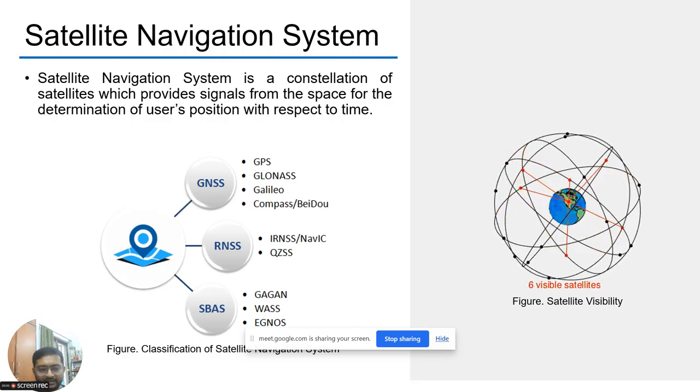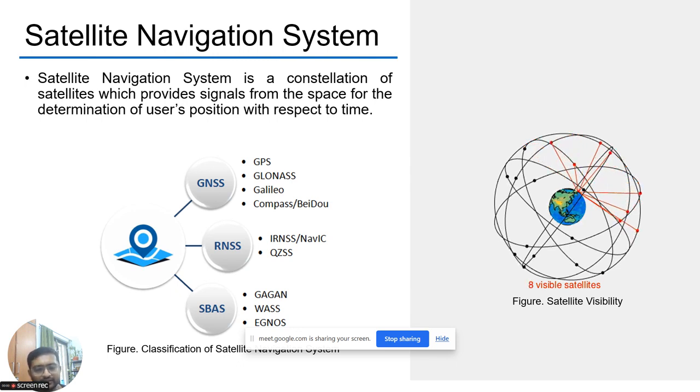So it's a global system used for navigation, and it's a constellation of satellites, so it is known as a system. Now, a few systems are global, such as GPS, which is by the USA, GLONASS, and then Galileo. GLONASS is from Russia, Galileo is from Europe, and Compass or BeiDou is from China.